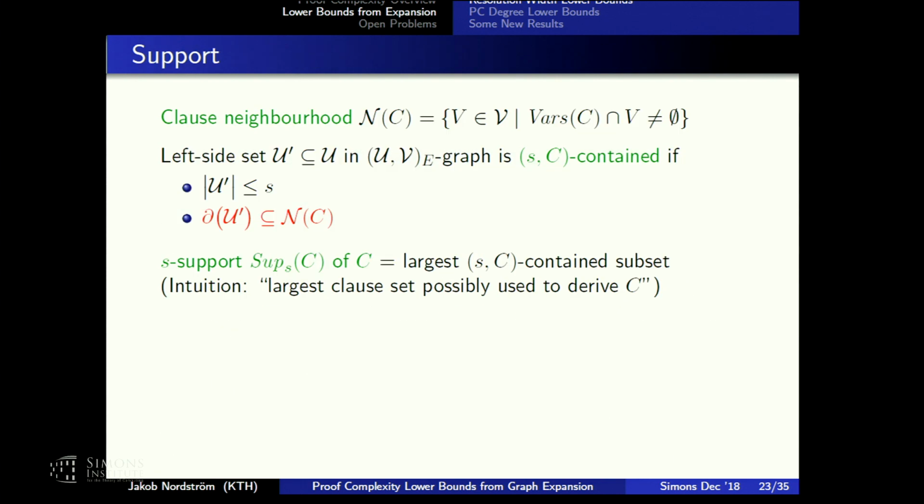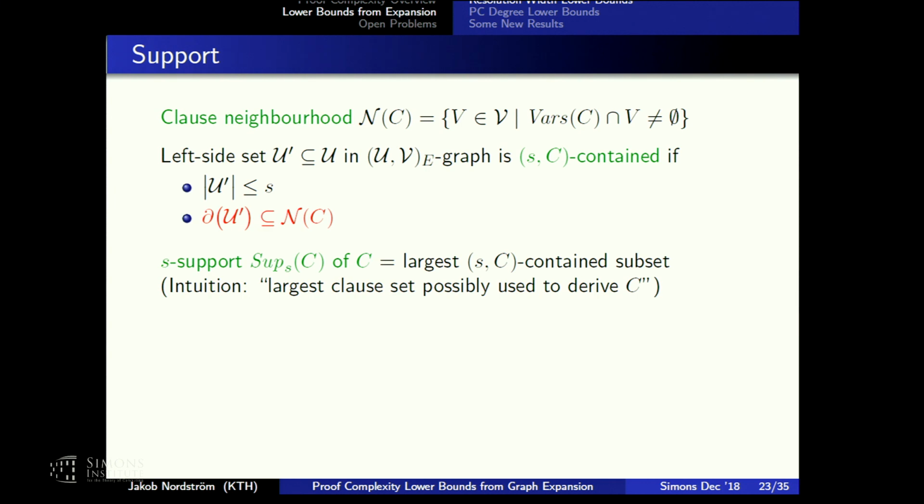So what's the support going to be? I'm going to throw in a new clause down here, and look at what neighbors it would have had if it were a vertex, maybe these two.